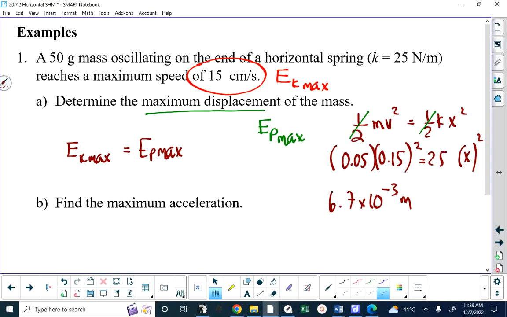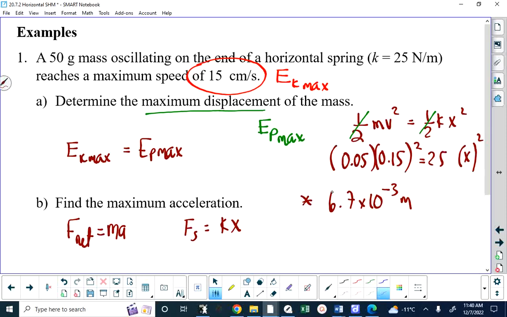Okay. What is the maximum acceleration? Well, acceleration is related to net force, but the net force is the spring force, and sometimes it helps to include the negative, and sometimes it's just not worth it. I hope it's clear that if you want the maximum acceleration, you need to be talking about the maximum force, and the way you get the maximum force is to have the maximum displacement, which we've found, right?